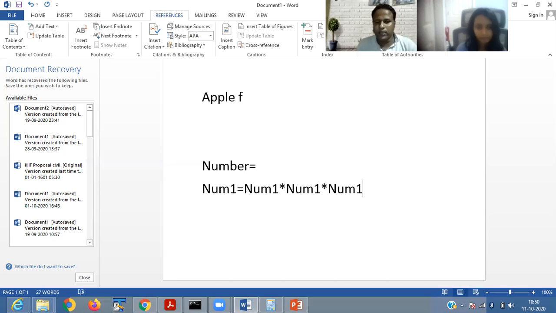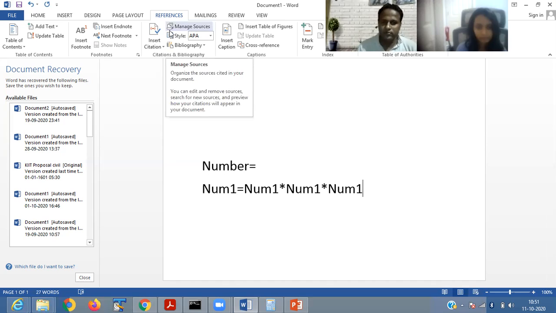So we multiply three times. So if you want to find out the cube of a number, you multiply the number 3 times. Clear? Yes, clear.